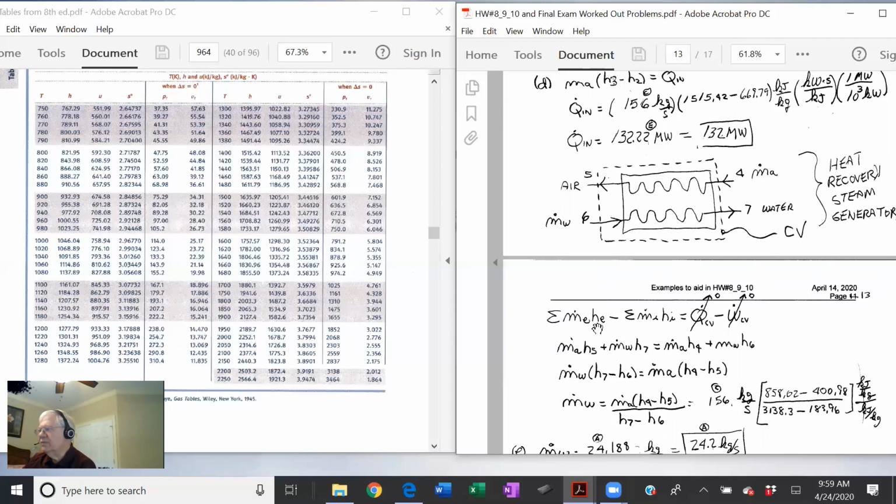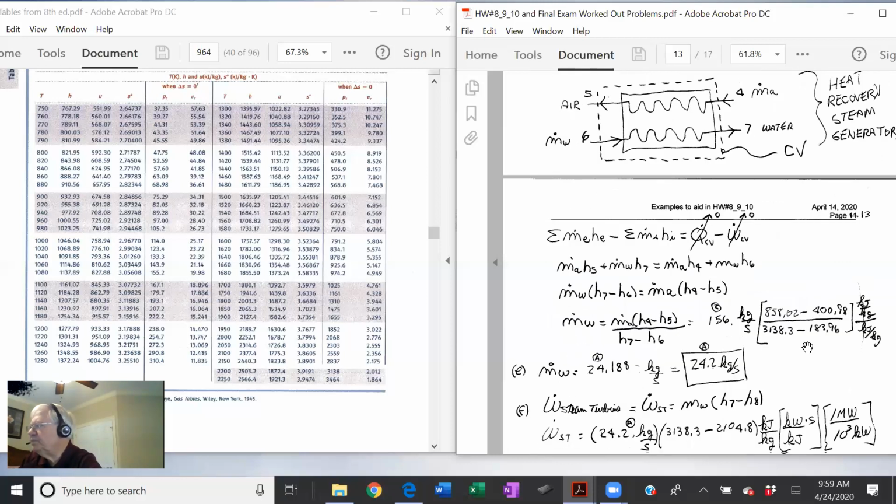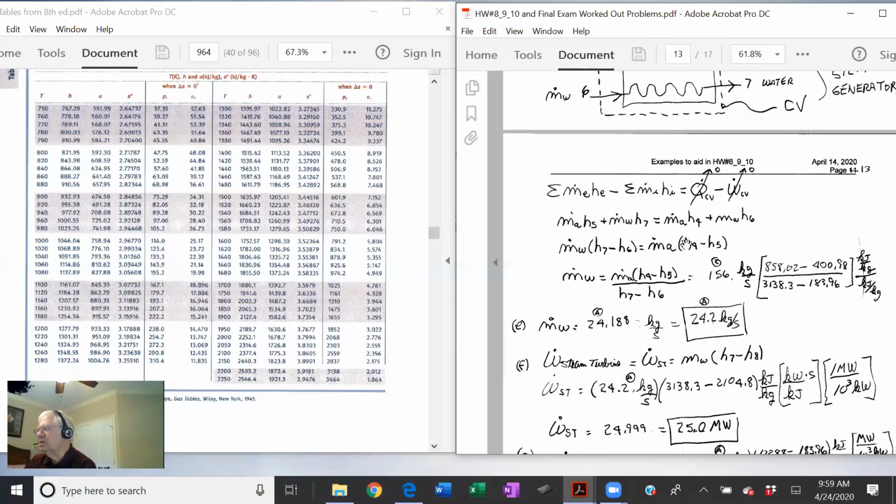So we use the form of the equation, the mass exiting times the enthalpies exiting, the sum of those, minus the masses coming in times their respective enthalpies is equal to Q minus W. These are both 0. So now we've got this equation. We know all the enthalpies. We know the mass of air. We calculate it. So the unknown is the mass flow rate m dot of the water.